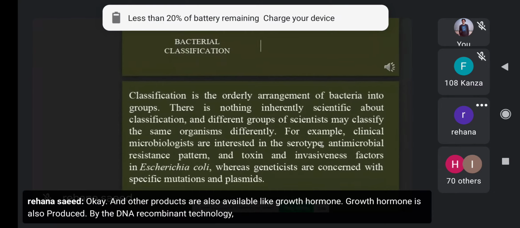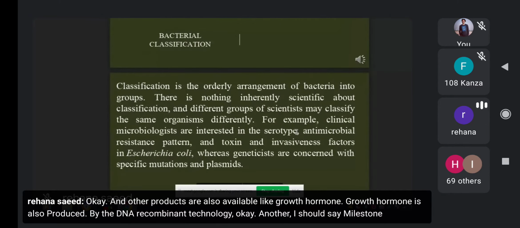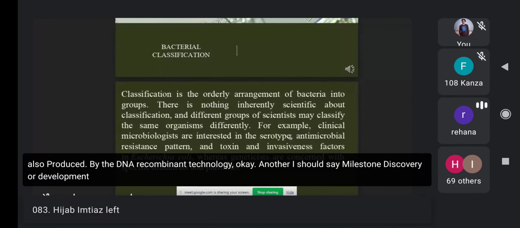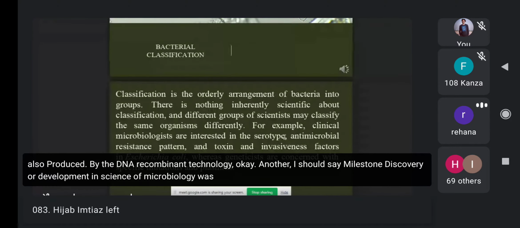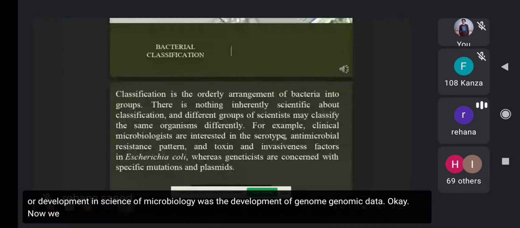Another milestone discovery or development in the science of microbiology was the development of genomic data. Now we have whole libraries of nucleic acid data, like sequences of DNA and sequences of RNA of microorganisms, available.